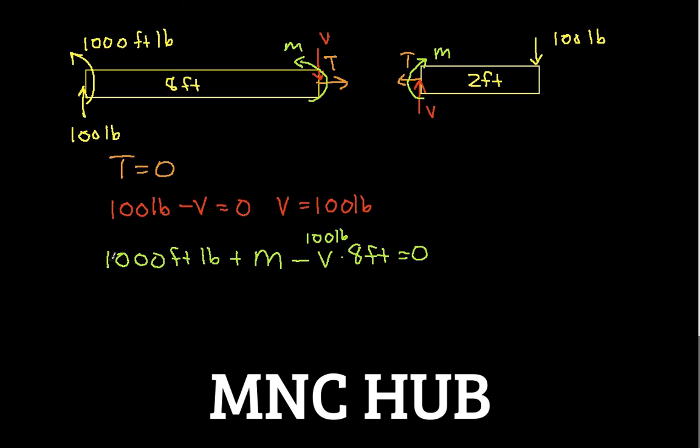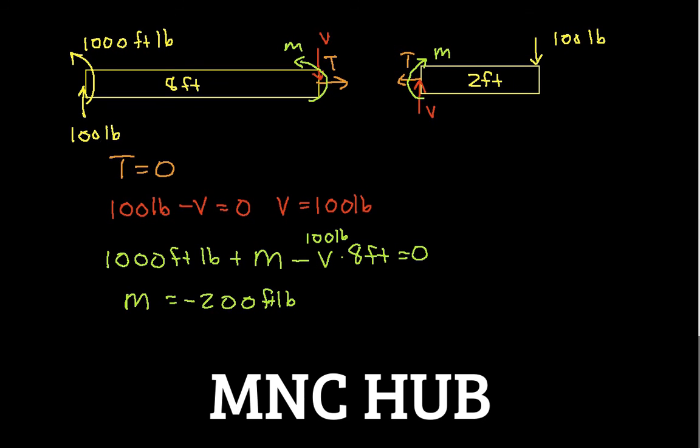So I have 1,000 foot-pounds minus 800 foot-pounds, plus M, is equal to 0. I can solve this and get M is equal to minus 200 foot-pounds. Okay, so that basically now gives us the internal forces. Again, the reason we care about this is we know now what the shear force is at this point where we've done the cut, and we know what the bending moment is.